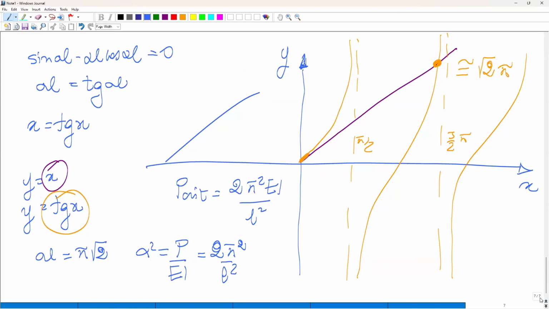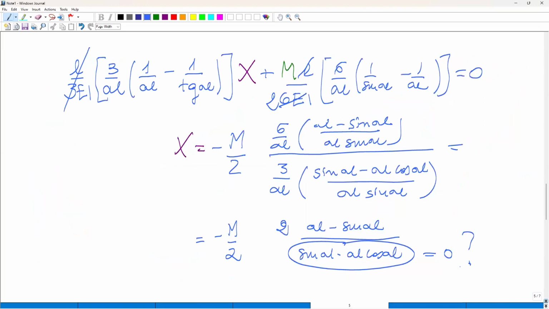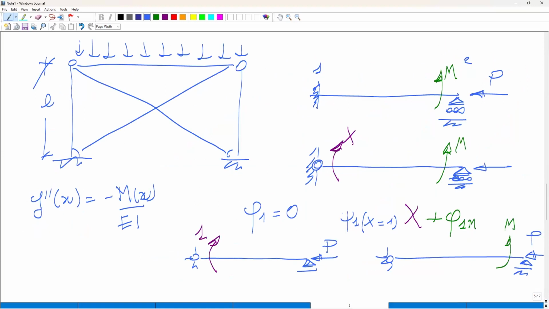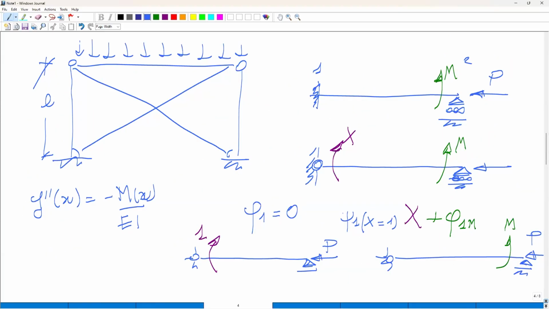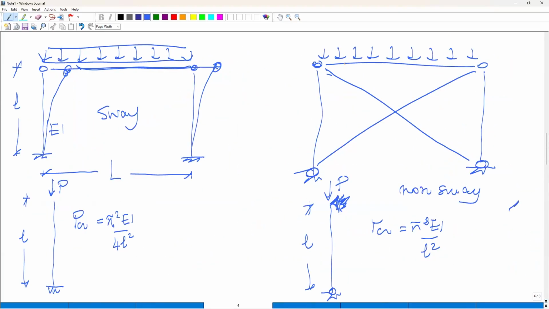So you see, going to this case here, which if you compare to this one will be something like this.